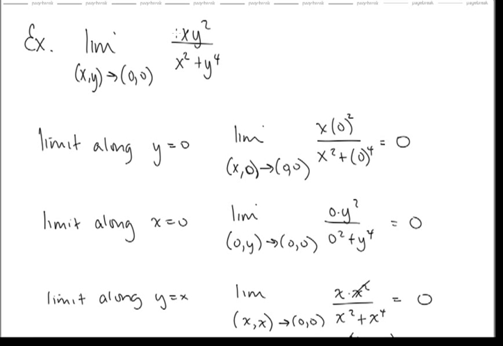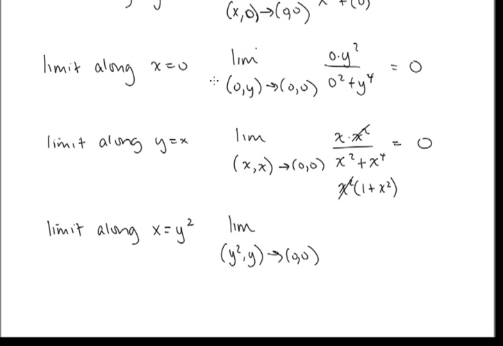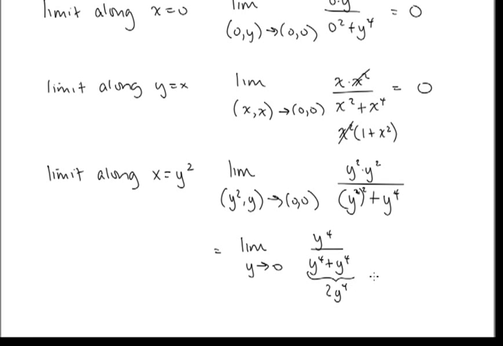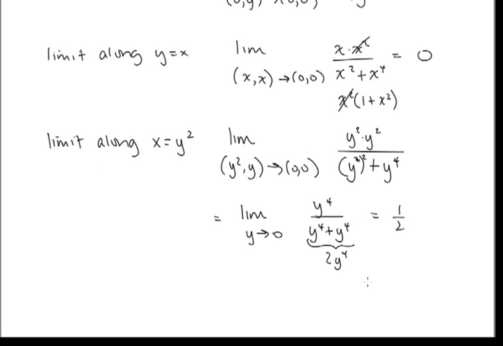With x equal to y squared, we're going to have y squared times y squared over y to the 4th plus y to the 4th. So that's the limit as y goes to 0 of y to the 4th over y to the 4th plus y to the 4th, and this is 2y to the 4th, so this is going to be 1/2. And that gives us our different limit, and now we know this limit does not exist.